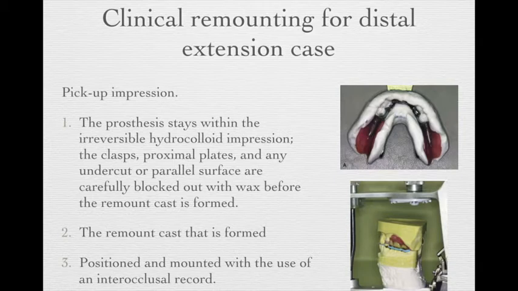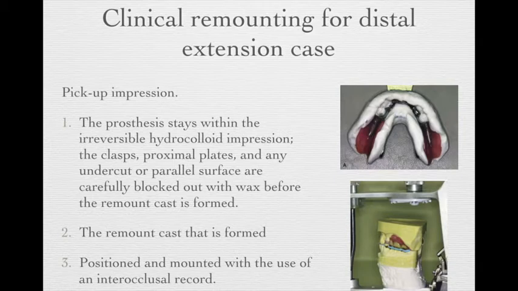Clinical remounting for distal extension cases means that we have to do a pickup impression. A pickup impression means that you seat the RPD over the natural teeth, then use a tray with alginate to take the impression. When you finish and remove the tray with alginate, the RPD comes out within your alginate impression.